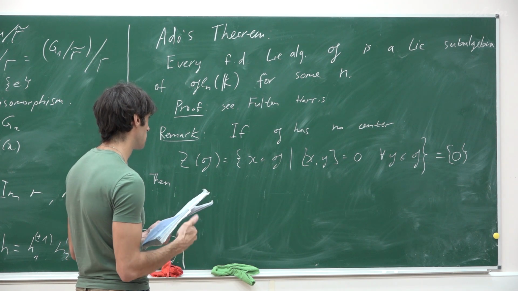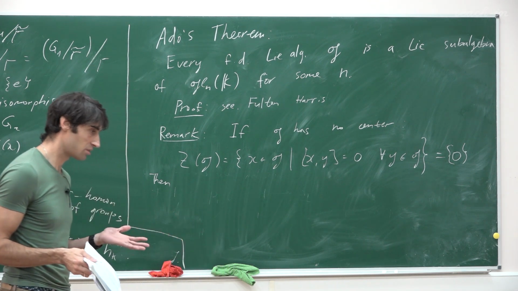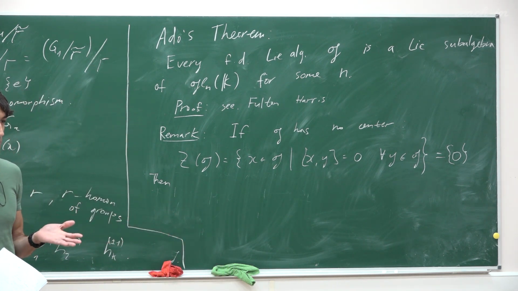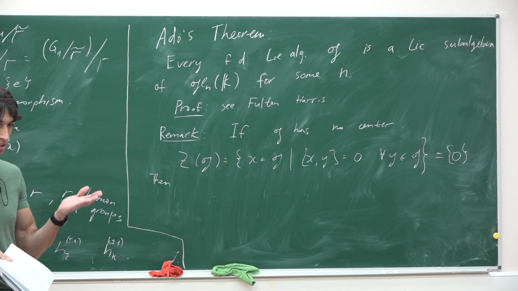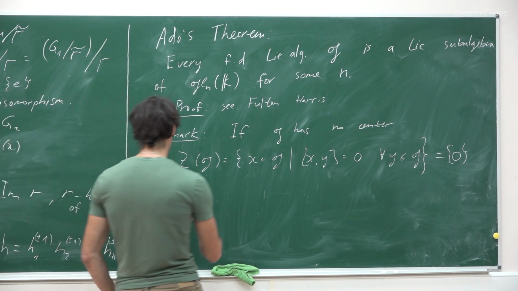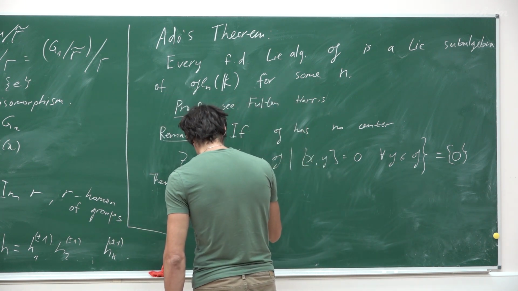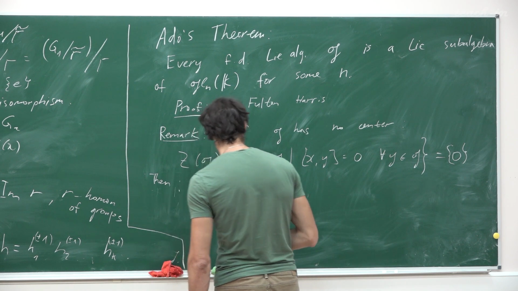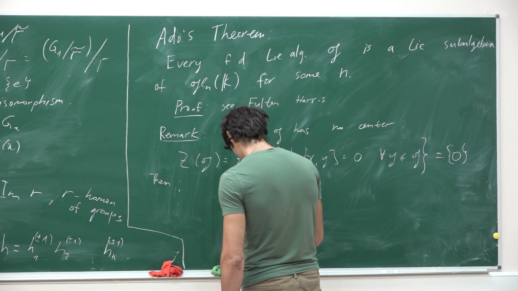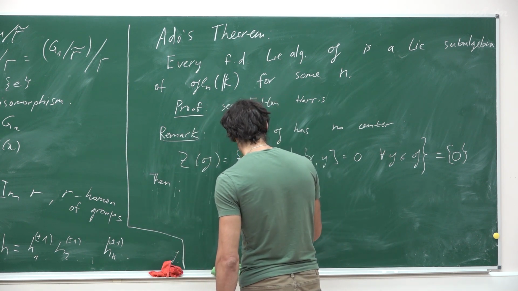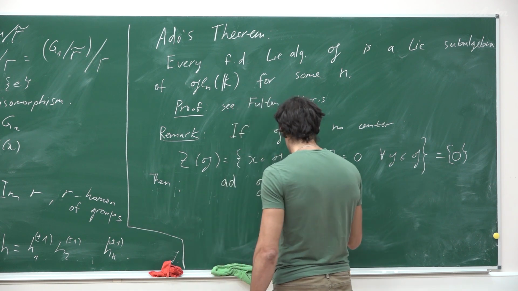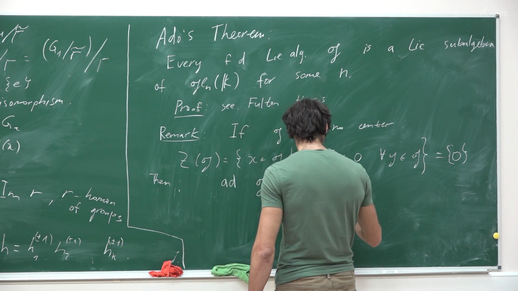Okay, so how to put it? The right word is that the adjoint representation is faithful. It has no kernel. So it's a homomorphism of which Lie groups? G to GL(𝔤), right?